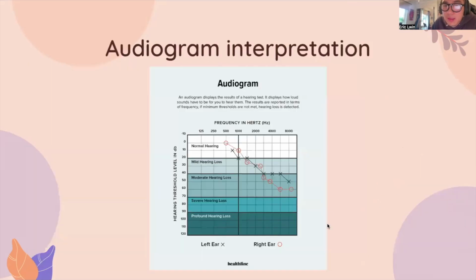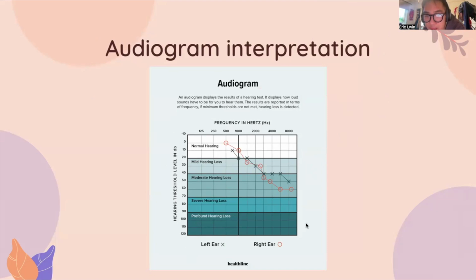This is an audiogram, which is something that you will be asked to interpret in the exams. Quite straightforward to interpret. Essentially, you have your frequencies at the top of the audiogram, so high frequencies on the right, and then on your y-axis you have your hearing threshold. So being at the top means that you have normal hearing.